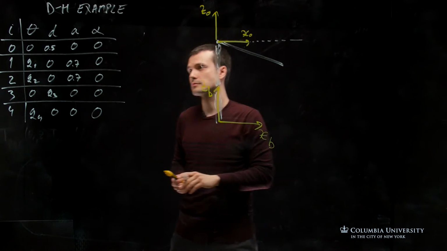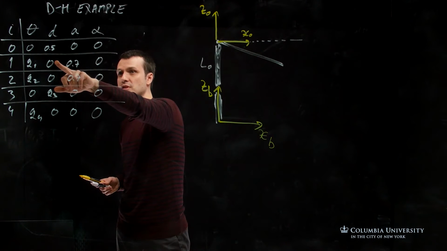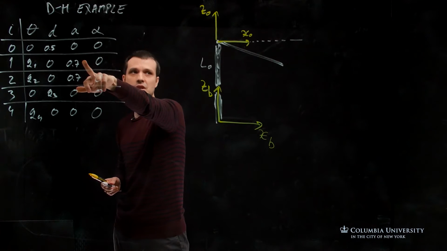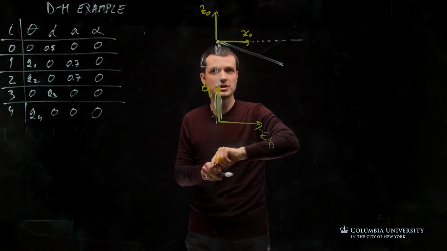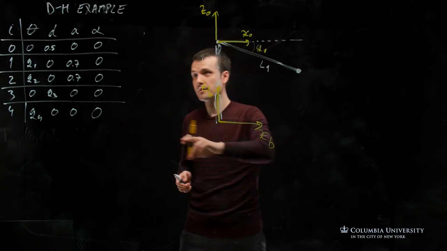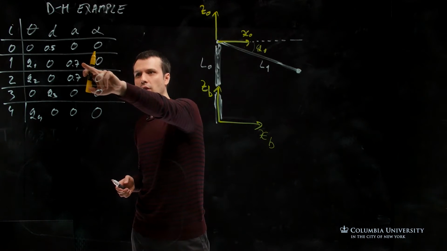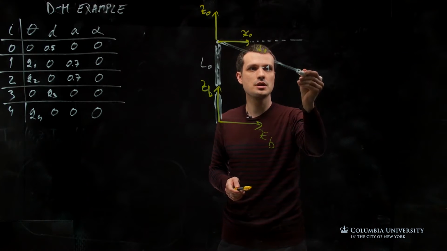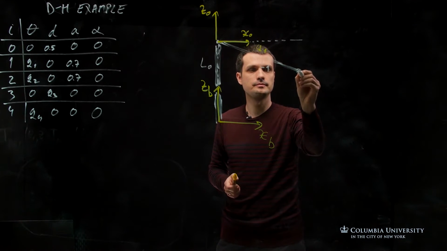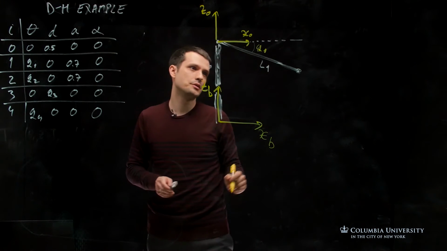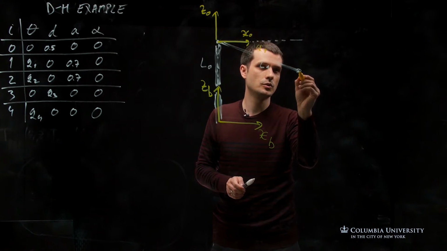We have no translation along Z, and we have 0.7 translation along X. We've rotated X by Q1, so a translation along X by 0.7 brings us to here. Then we have 0 rotation around X, so we're done with that row.